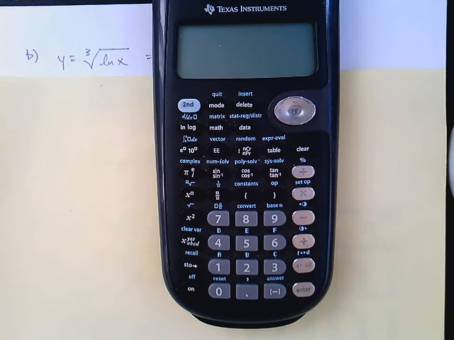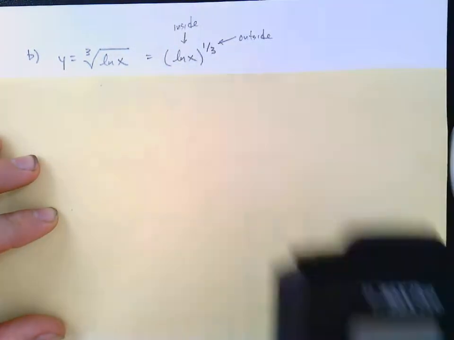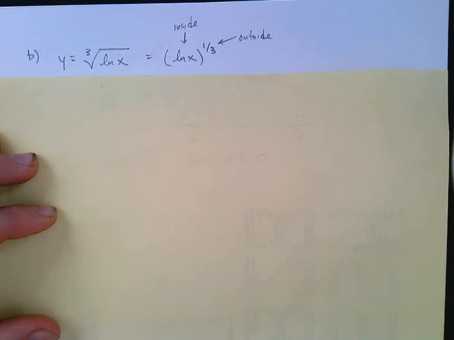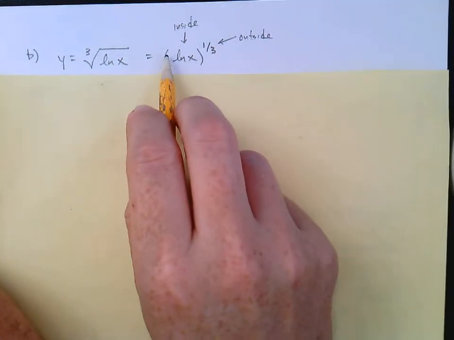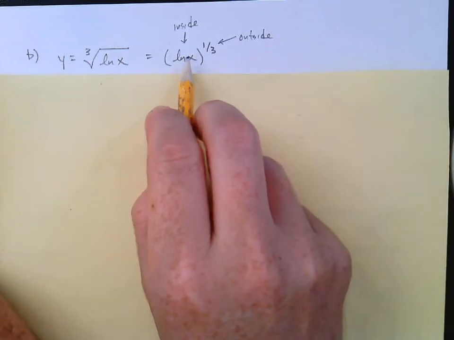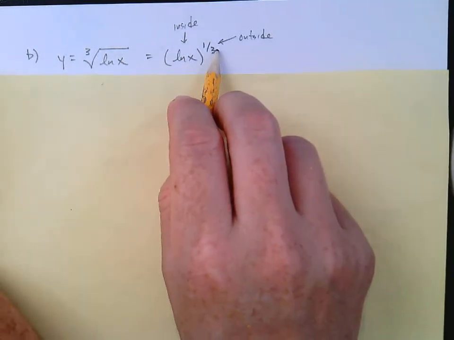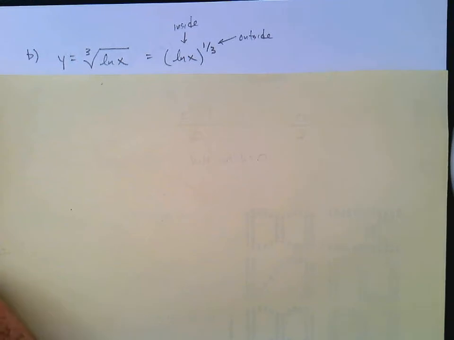So we want to identify what's inside and what's outside, but we'd also like to rewrite that cube root so that we're able to take a derivative. Let's think of it as the natural log of x within parentheses raised to the 1/3, because a cube root is the same as raising to the 1/3 power.